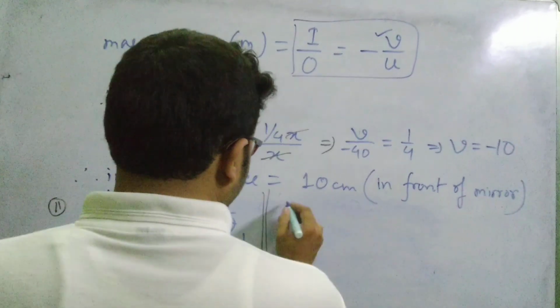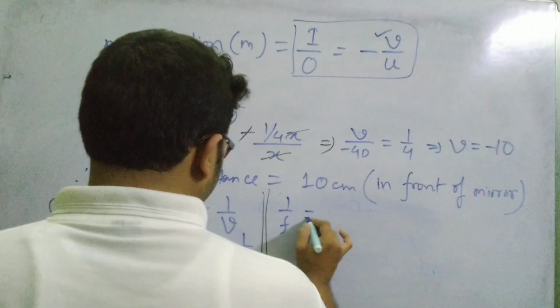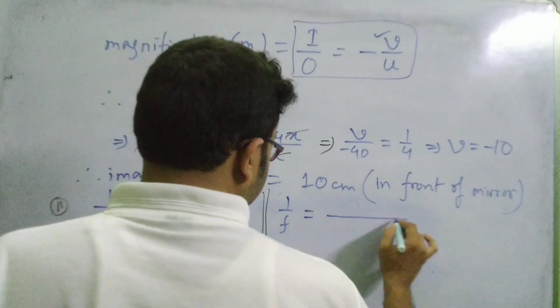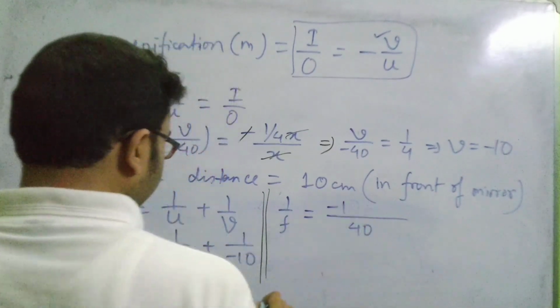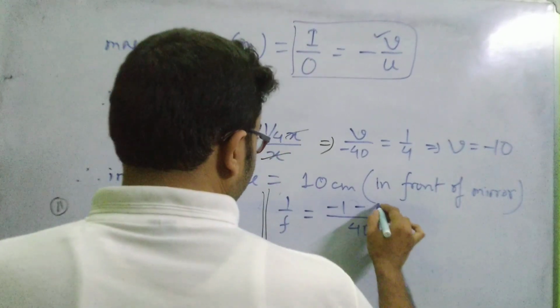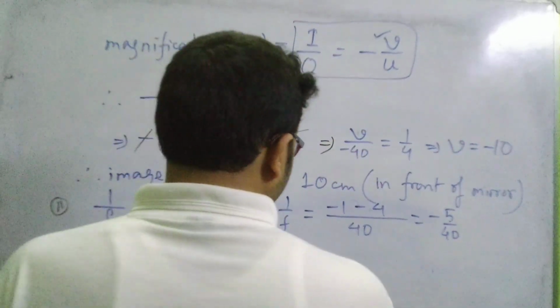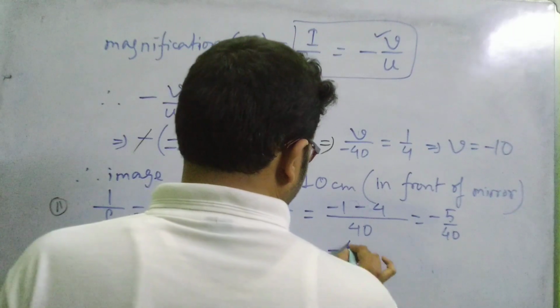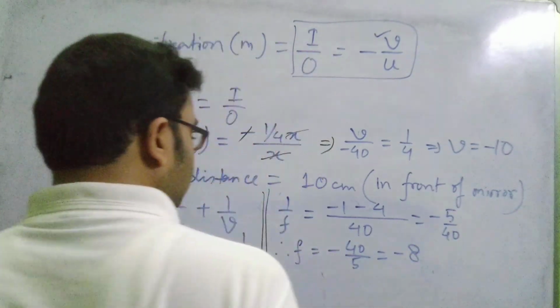Then 1 by f, so we are continuing from here. 1 by f equals, LCM is 40, and this will be minus 1 and this will be minus 4. So it's minus 5 by 40. Then f turns out to be minus 40 by 5, which means minus 8, isn't it?